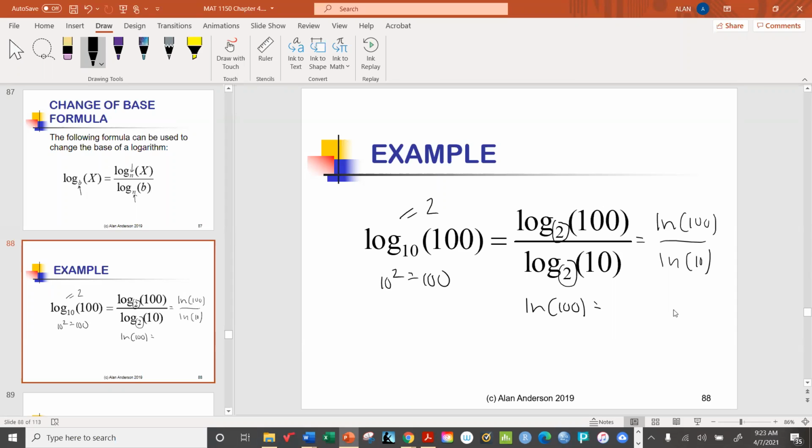So log 100 on your calculator, type 100 natural log x, is approximately 4.60517, and then log 10 is approximately 2.30259.